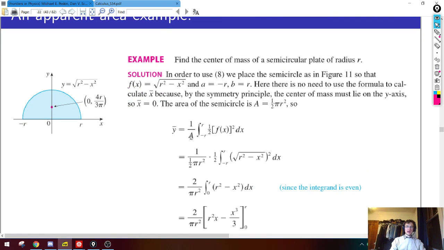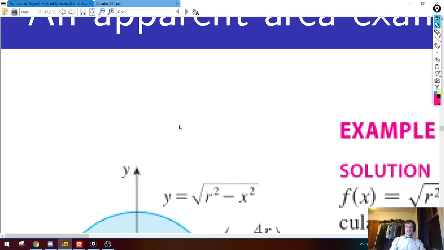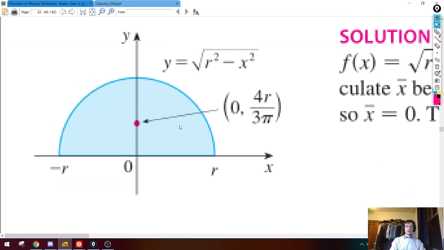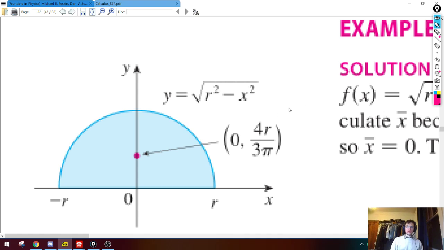So the dividing by the area downstairs is clear, because that's the total mass if this thing has density 1. So you could ask the question, how can I add up all of the contributions from different y's, but integrate over x? And the way to do that is as follows. If you're at a fixed x, and you would like to add up all of the contributions to the y center of mass from guys that are at that fixed x, by guys I mean points, all of the points at that fixed x lie on a vertical line like this.